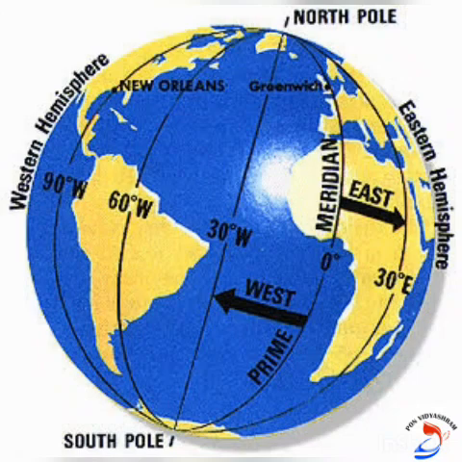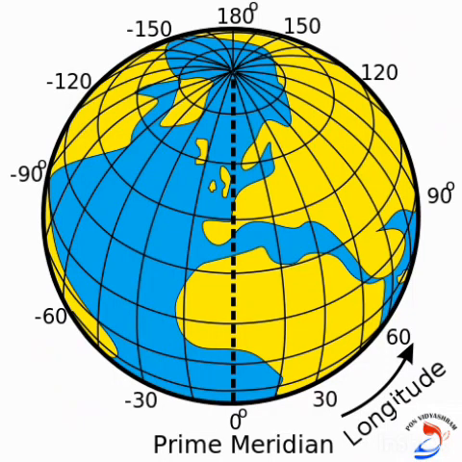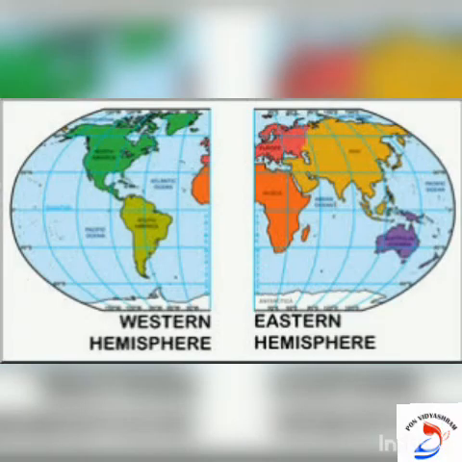And from it we count 180 degree eastward as well as 180 degree westward. The prime meridian divides the earth into two equal halves, an eastern hemisphere and a western hemisphere. Therefore, the longitude of a place is followed by the letter E for the east and W for the west.